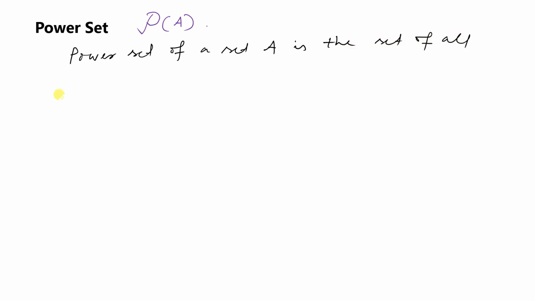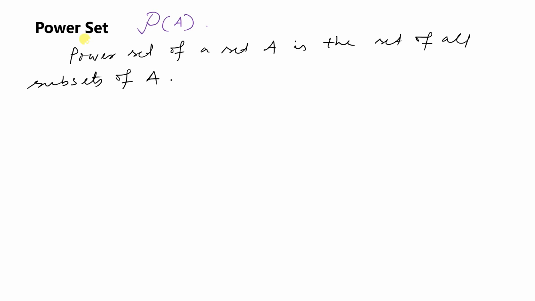The power set of a set A is the set of all subsets of A. First of all you find all the subsets of A, then you create a set of them. So that will become the power set of A.